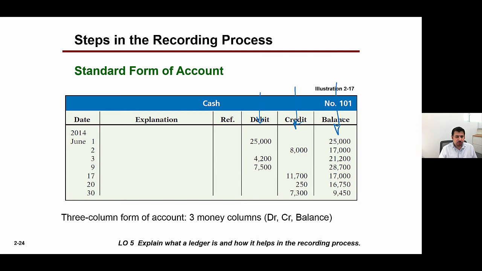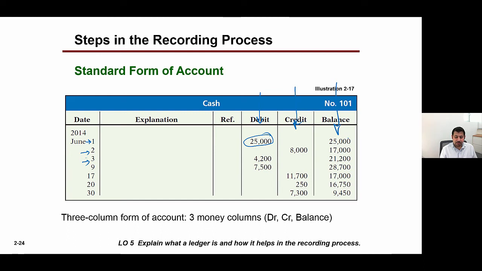After each transaction, as you can see, these are transactions that happened on June 1st, 2nd, 3rd, etc. After each transaction, we enter the change that happened. In the first transaction, the change was an increase in cash of 25,000, so we enter it on the debit side.